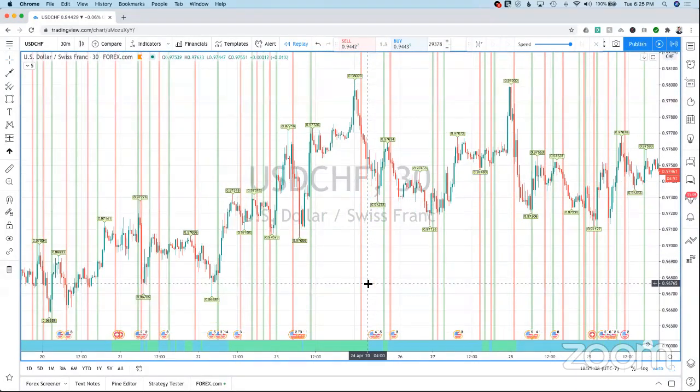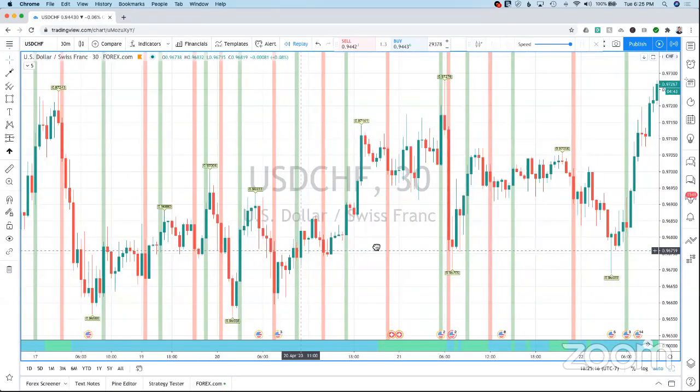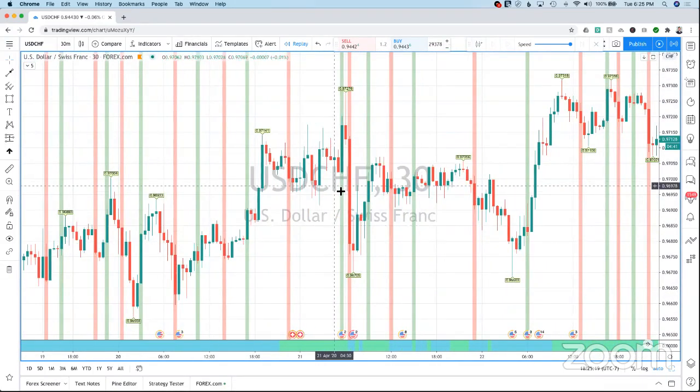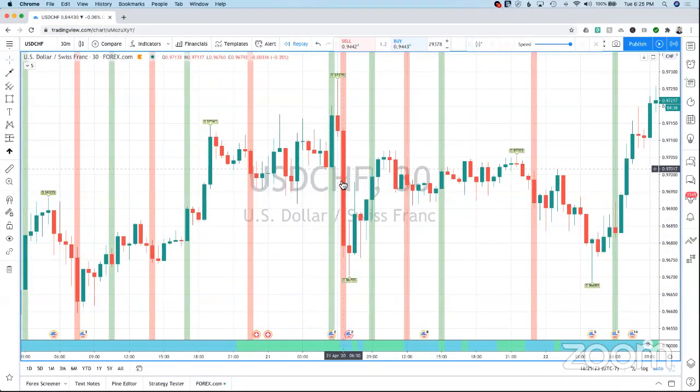But personally, I just wouldn't trade on the 30-minute myself because of the noise that's going on in the chart. So you can see right here that it works perfectly fine. But when there's manipulation going on, like right here, this is a huge move.